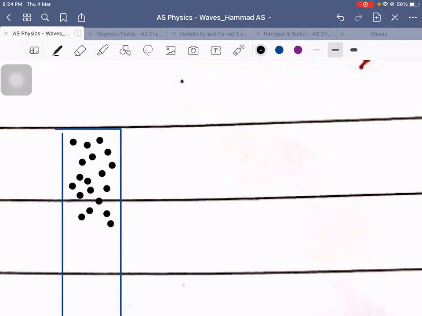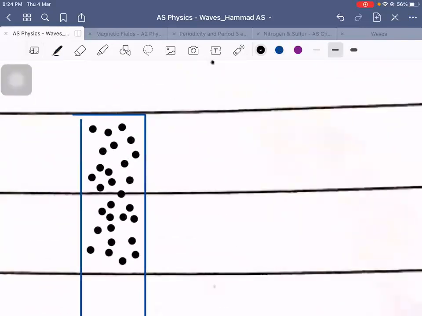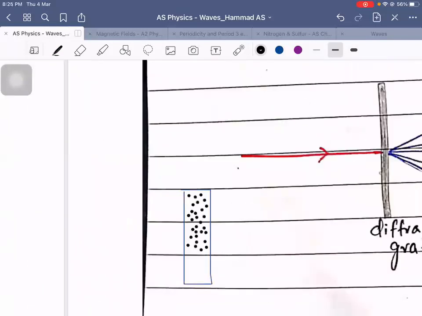These narrow holes will allow light to pass through them. And when light passes through them, light moves in a straight line. It seems as if there are lines coming out of these holes. So these dots are also called lines. And the distance between each one of them is called the grating spacing, right?